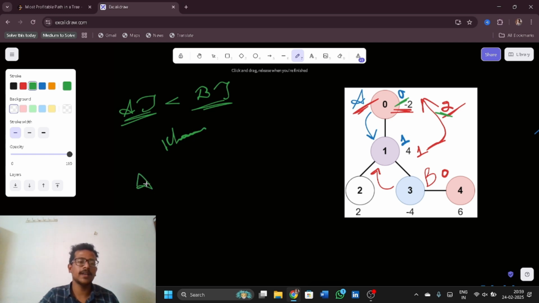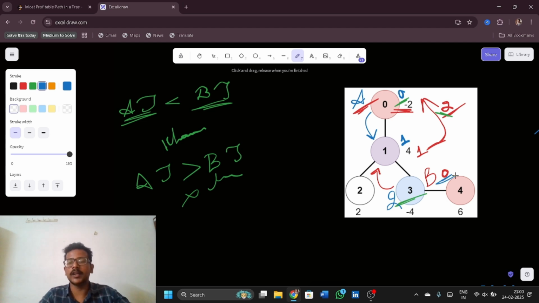But if Alice's arrival time is greater than Bob's arrival time, there will be no change at all. If you see here, Alice will be arriving at this node at the time of 2. But Bob has started his journey at node 3 with a time of 0. So this gate is already opened. So if Alice's time is greater than Bob's time, then there will be no change.